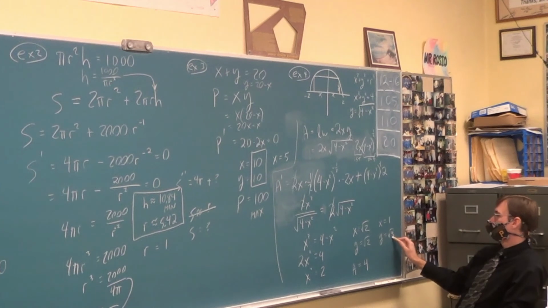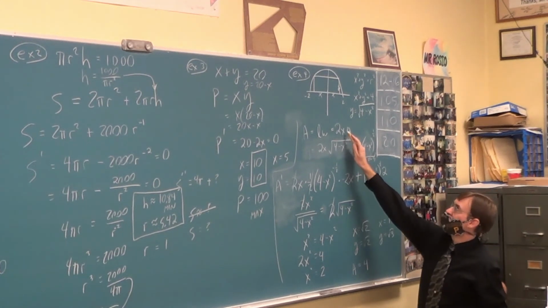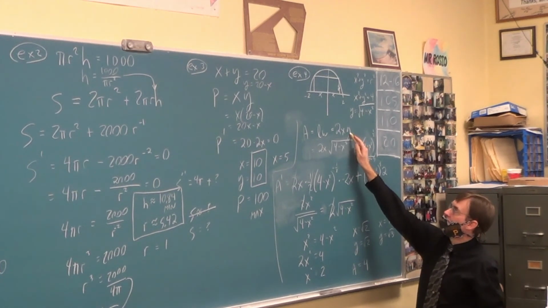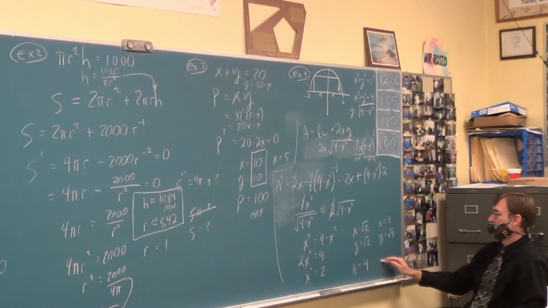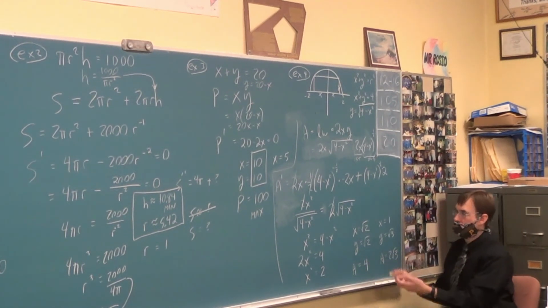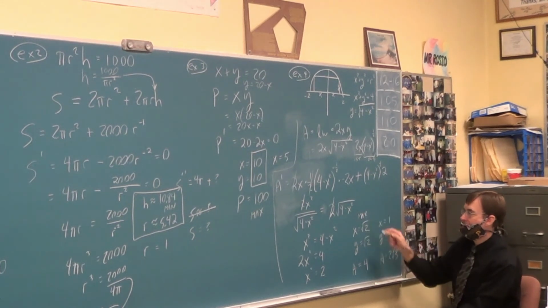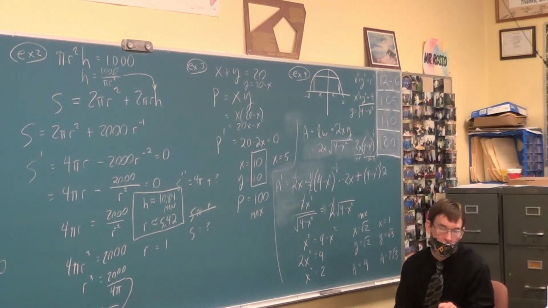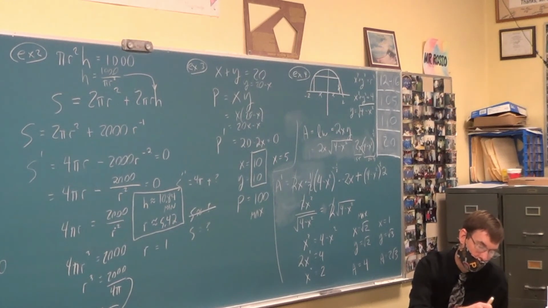Root 3. And if we take 1 times root 3 times 2, root 3, what's bigger between 4 and 2 root 3? 4. So this would be the max.